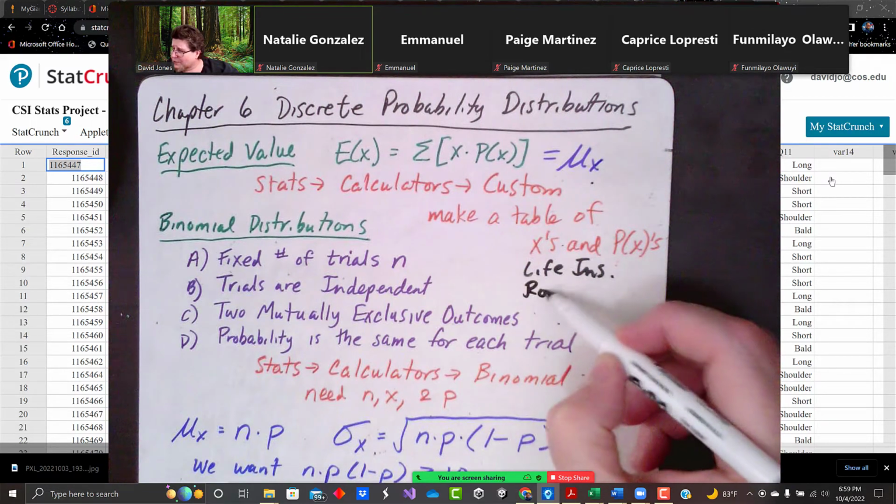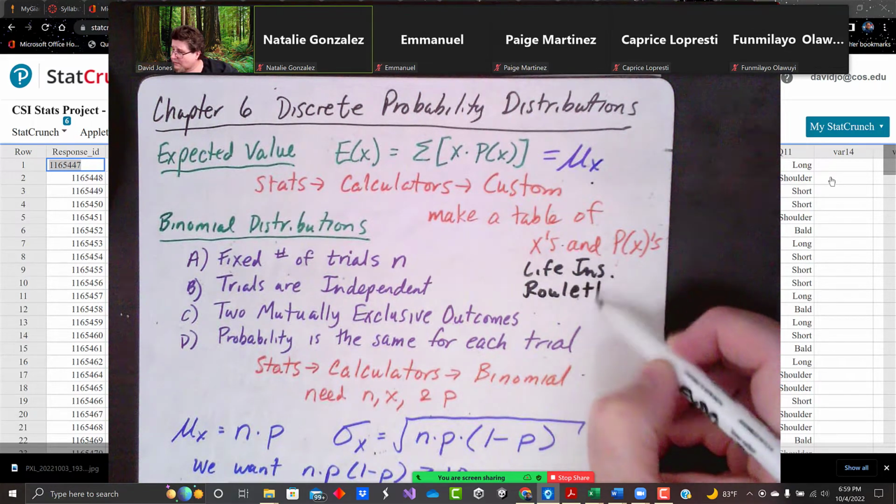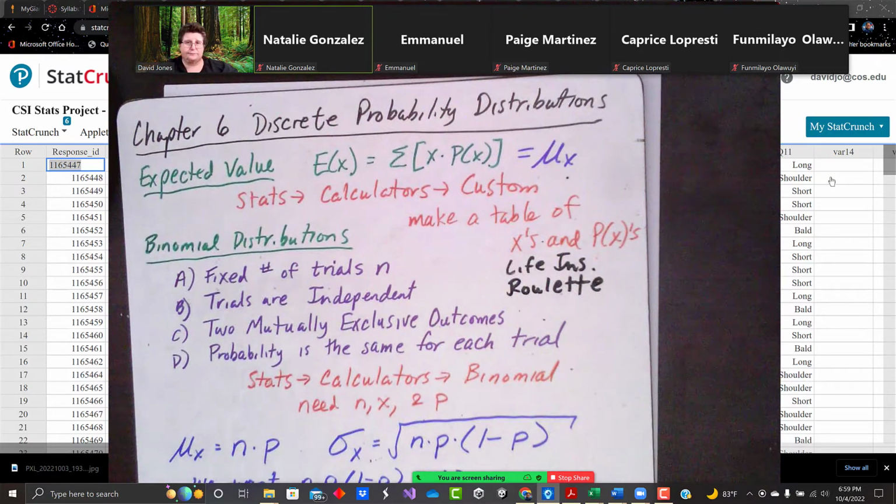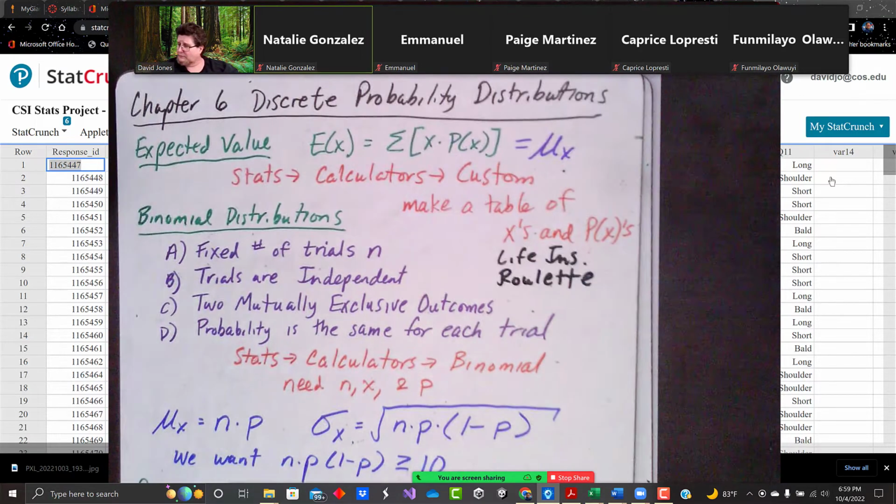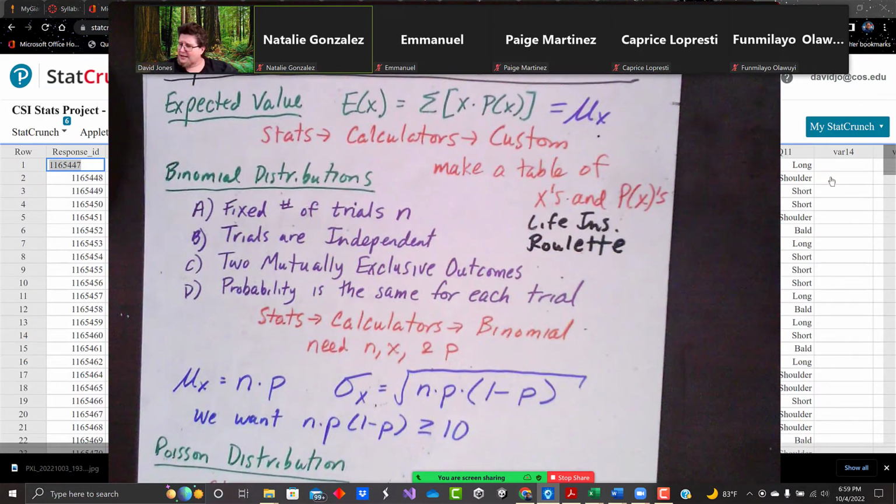Example we did in class was roulette. And the outcome you get from the stats calculators custom is the mean.